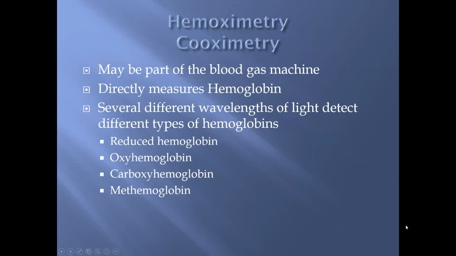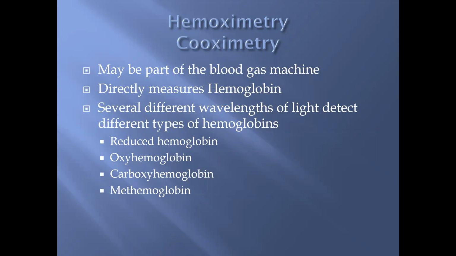So co-oximetry is also called hemoximetry, so it does mean the same thing. And it may be part of the blood gas machine, which it is for the ABLs. It directly measures hemoglobin. And the way that it directly measures hemoglobin is there's several different wavelengths of light that detect different types of hemoglobin.